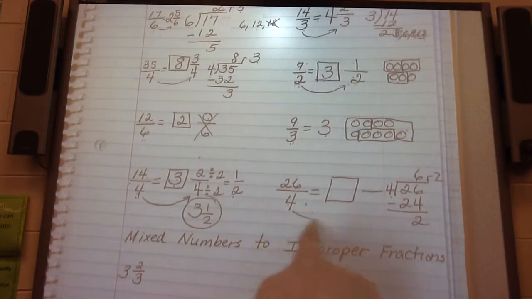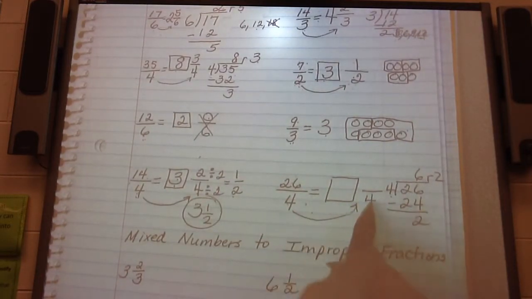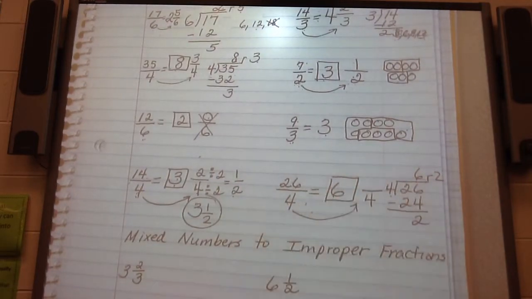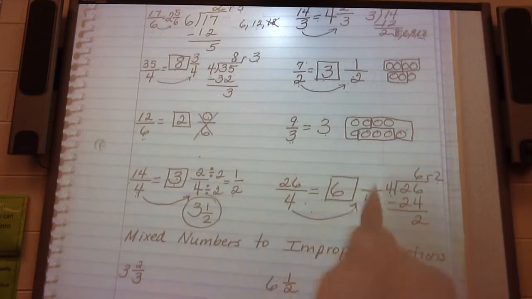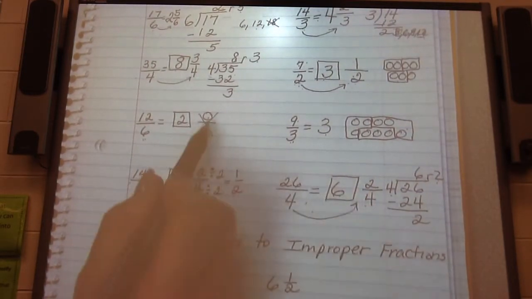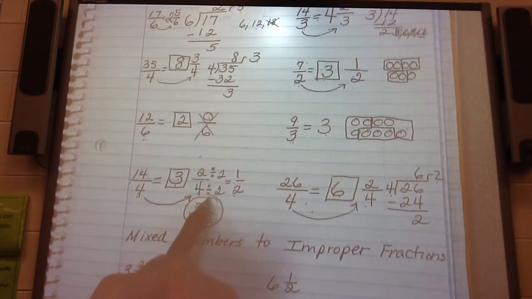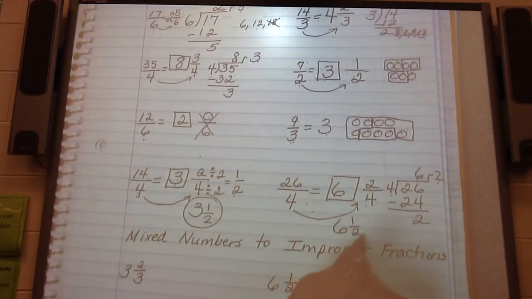So over here, I'm just going to bring my 4 over here. I'm going to put my 6, which is my quotient, as my whole answer, my whole number, and then I'm going to put my 2 up here, and I notice that I have 6 2/4. Likewise, I would want to simplify, so I would end up simplifying this to 6 1/2.